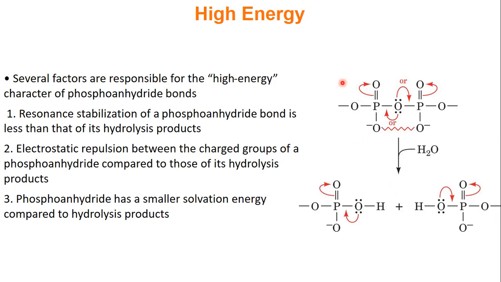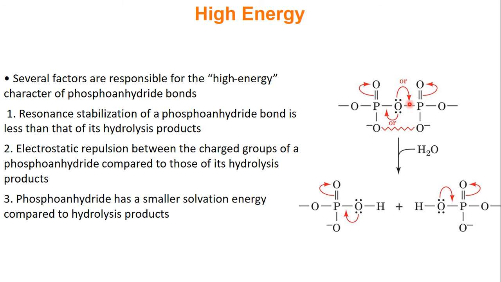Before we move forward, let's take a look at why ATP is such a high energy molecule. There are roughly 3 factors for it. We're looking at the phosphates of ATP here, before breaking up the phosphate and after breaking up the phosphate. First off, we have resonance structure.